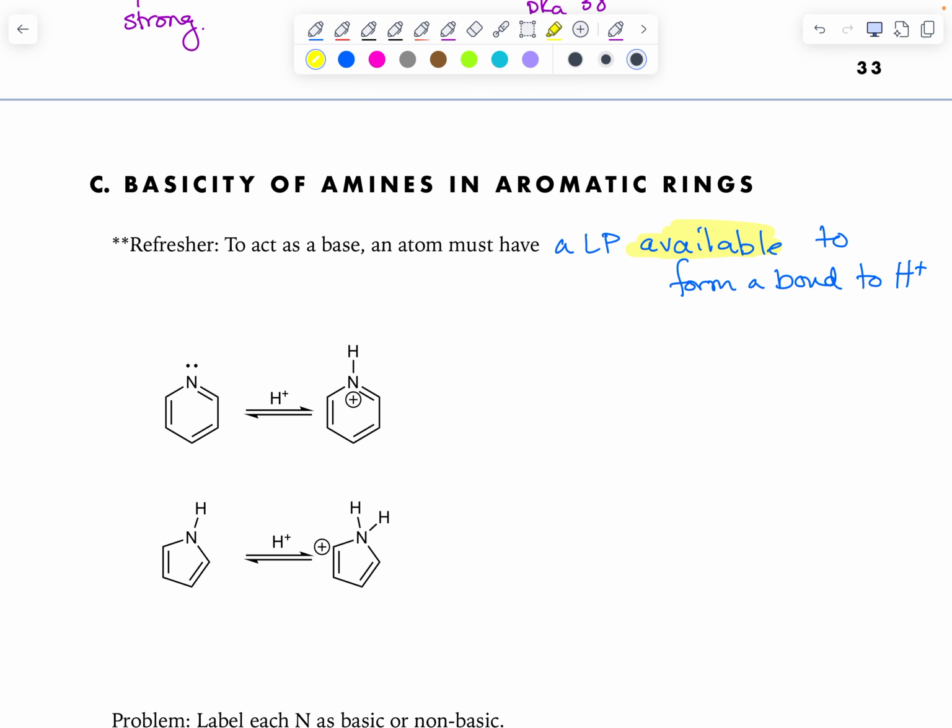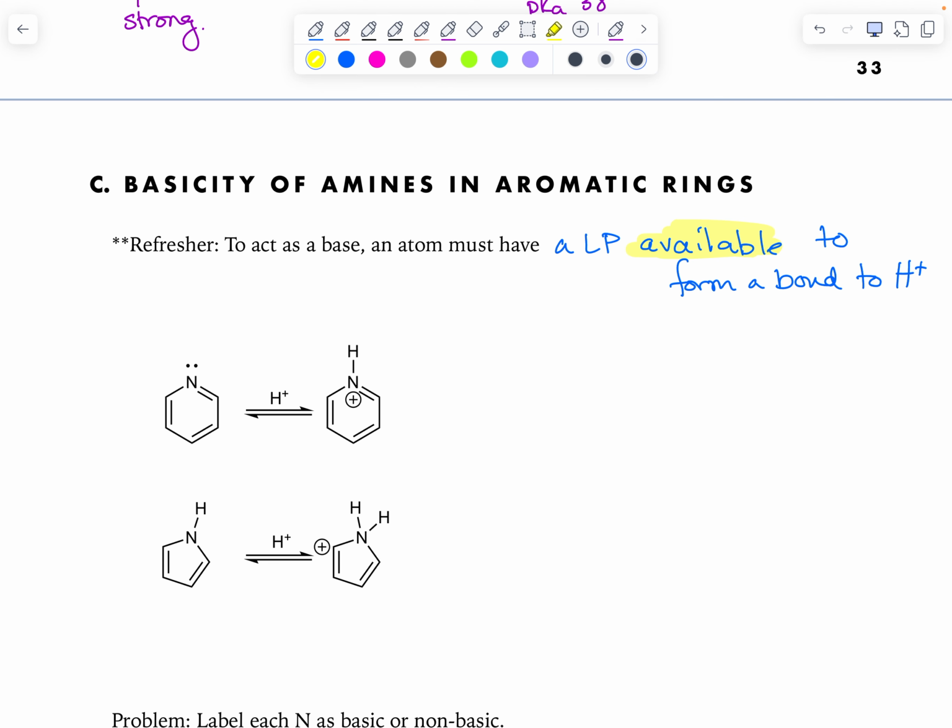I could put the lone pair on a carbon. So we have that resonance form, and we can draw another resonance form. But maybe by looking at this resonance form, you can see where that nitrogen really is sp2 hybridized.